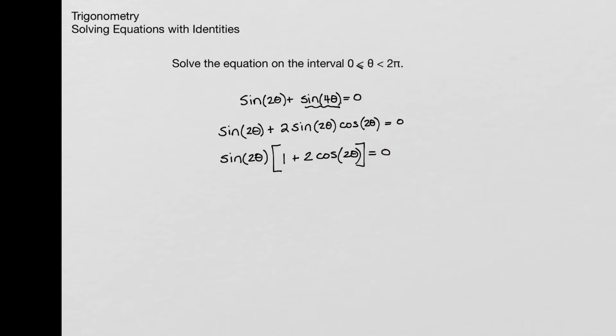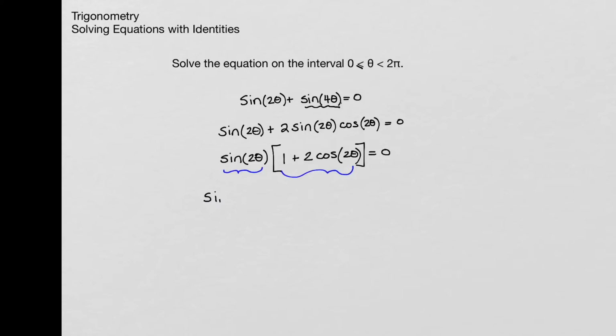So that means I have 2 things that are multiplied together that multiply to make 0. And from algebra we know that that means that one of them is equal to 0 or the other one is equal to 0. So I'm going to have to set each of them equal to 0 separately.